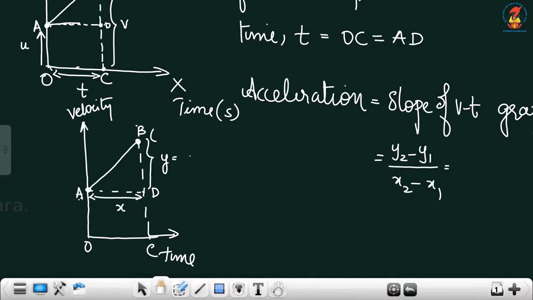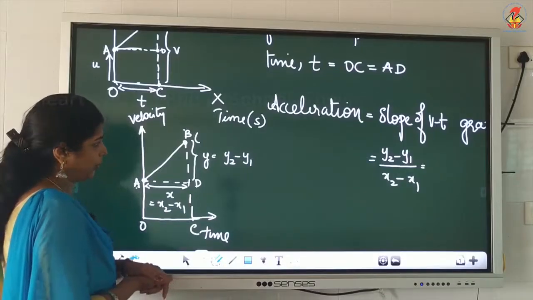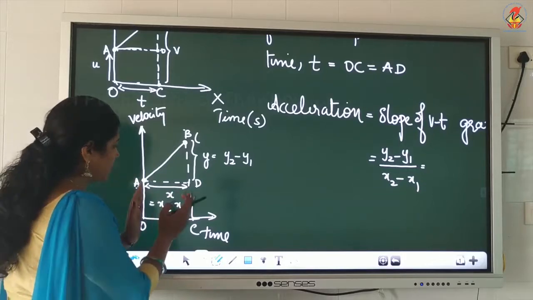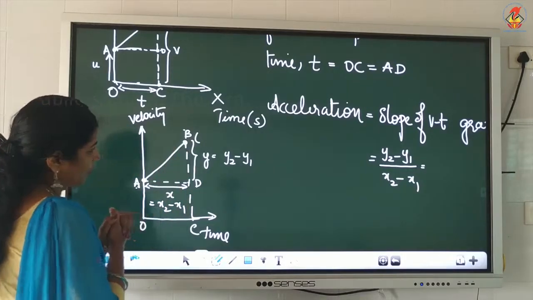So, y is equal to y2 minus y1 and x is equal to x2 minus x1. Suppose the object is going from A to B. What is the change in x-axis and what is the change in y-axis?